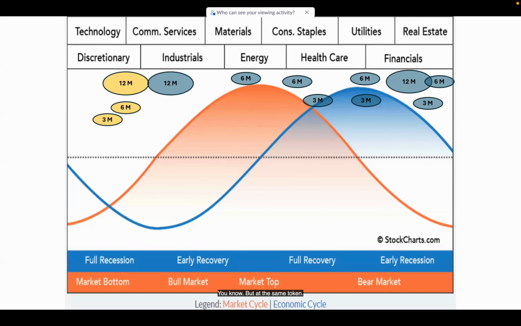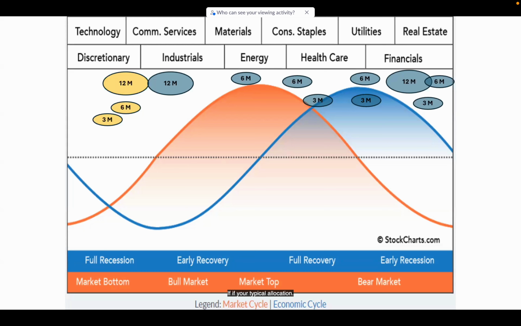But at the same time, from a risk management standpoint, let's say that you're a long only investor, meaning that you don't short, you only go long, and you're buying asset classes, you're buying sector ETFs.